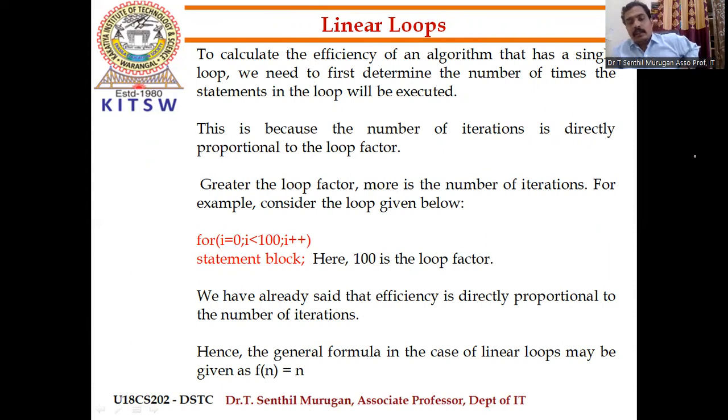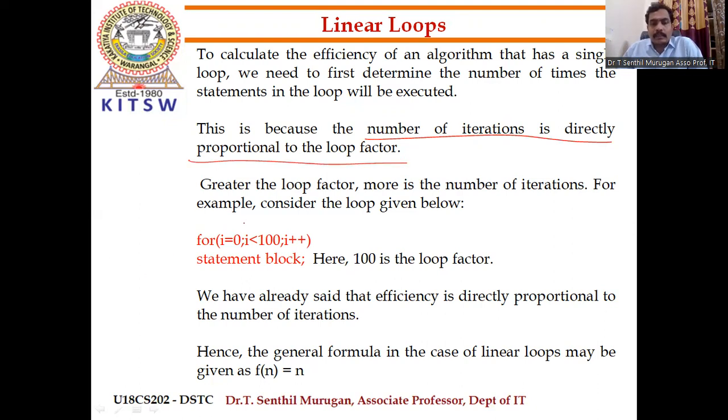Linear loops mean the statements in the loop will be executed the same number of times as the number of inputs. For example, if a single loop is there, that loop will execute that number of times. The number of iterations and the loop factor are the same. That is a linear loop, because the number of iterations is directly proportional to the loop factor.